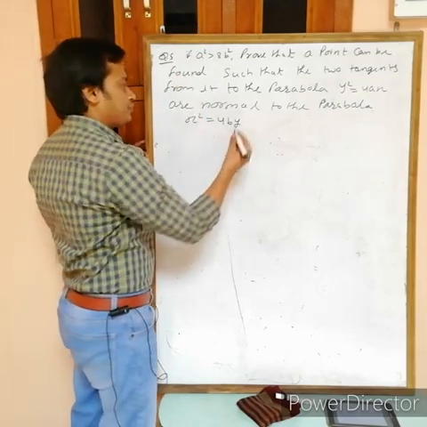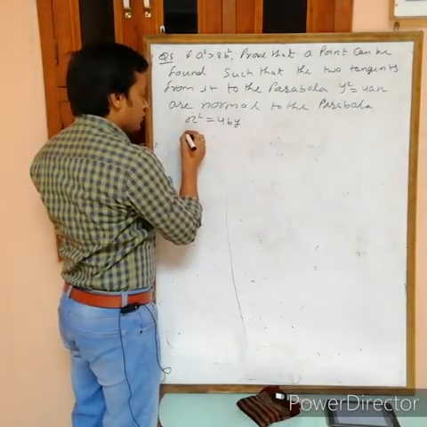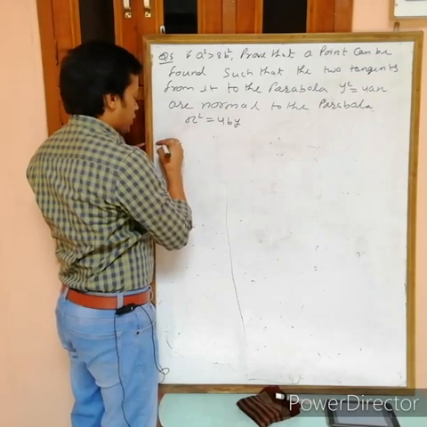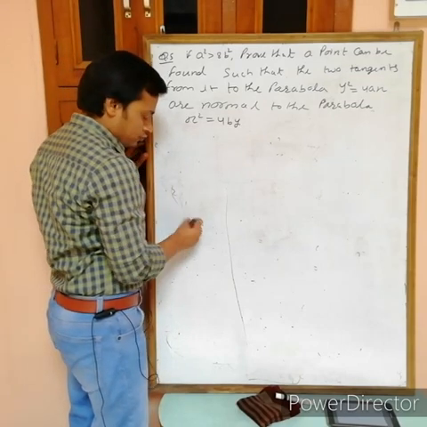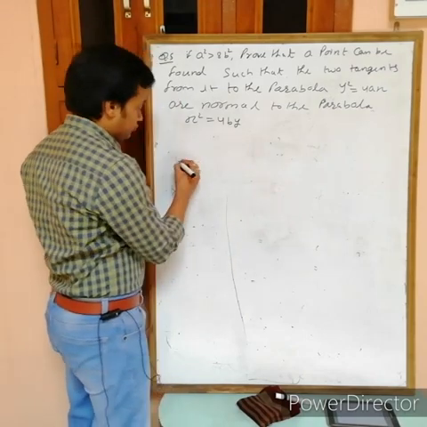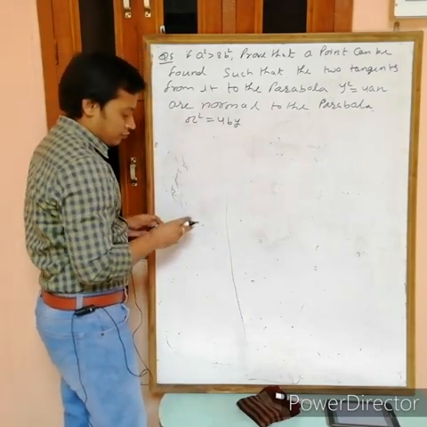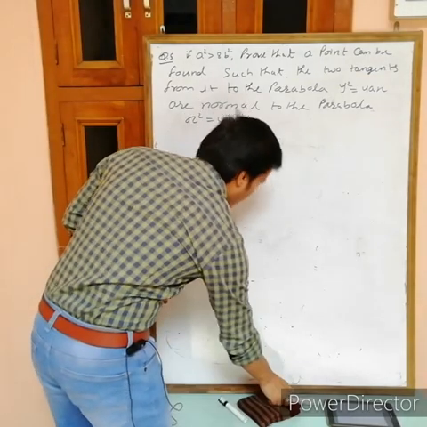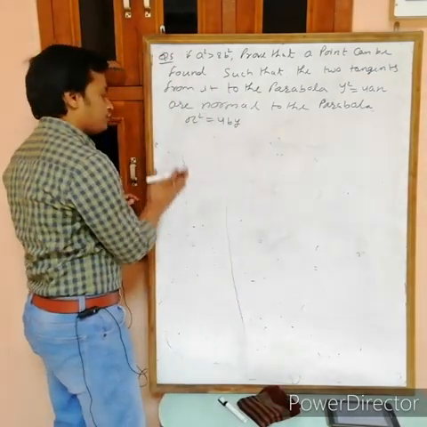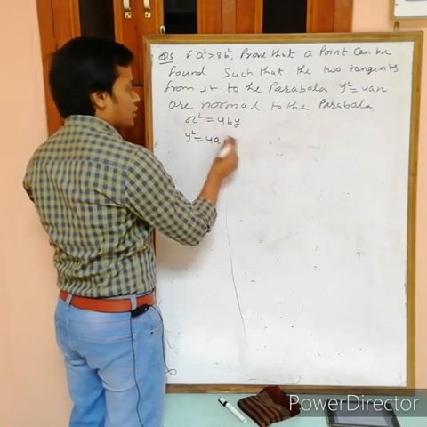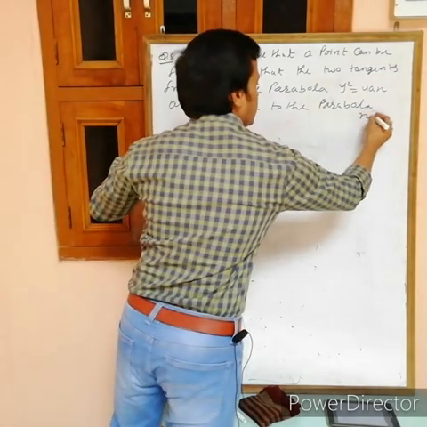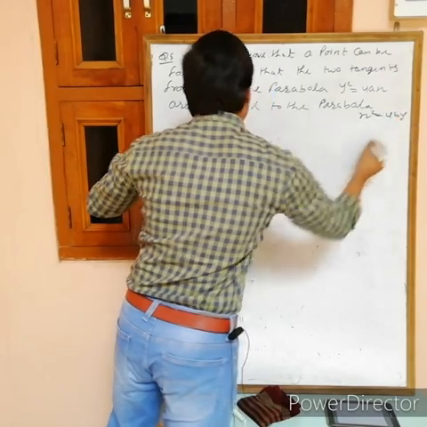Okay, now see, y square equals 4ax. Can I write this one at the side? x square equals 4by.